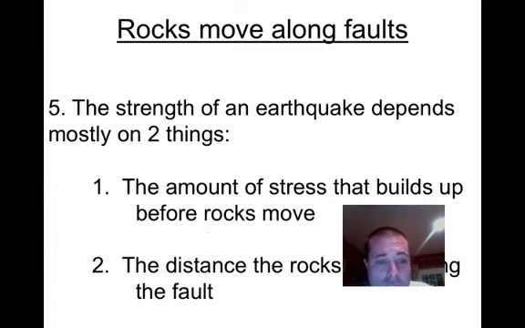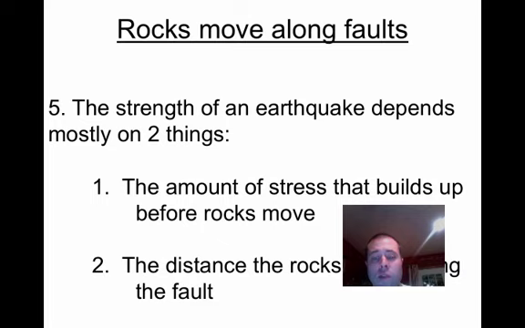Strength of an earthquake depends on two things. One, the amount of stress that has built up before the rocks actually move, and then the distance that those rocks are going to move along the fault during the earthquake. Obviously, if a lot of stress is built up, meaning there hasn't been much seismic activity in that area for a while, no earthquakes, then a lot of stress can build up and we can have a big earthquake because a lot of stress has to be relieved.